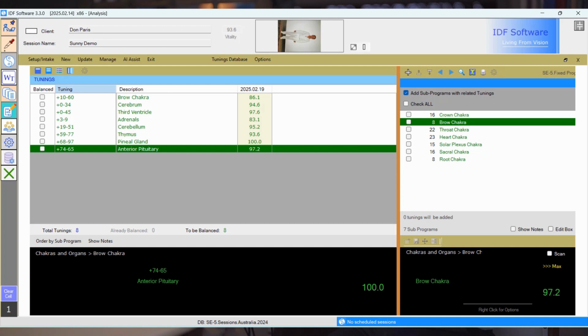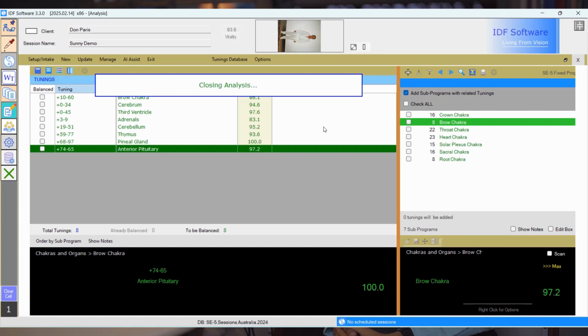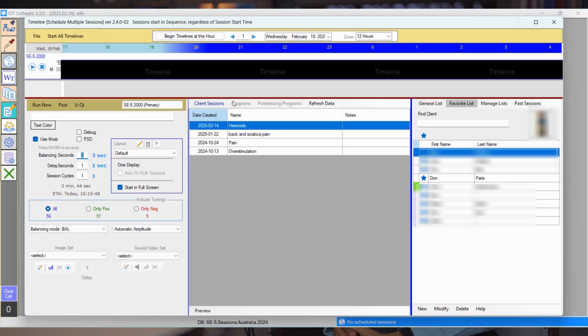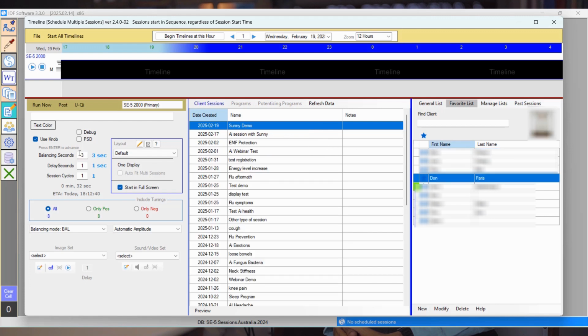Now, once you've made an analysis, let's say I went through all those chakras and came up with tunings, and now I want to balance them. I close that session and go to my balancing window, and I go to myself, and I tell it to balance each one of those tunings.